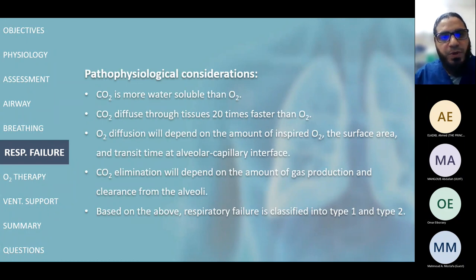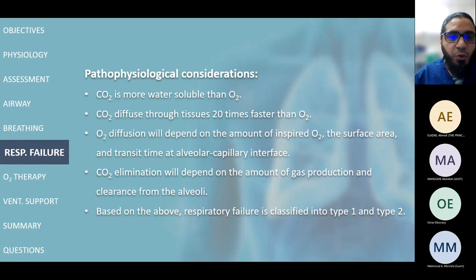These are a few pathophysiological considerations about the gases that we are dealing with at the moment, mainly oxygen and carbon dioxide. If you understand these few points, it can help you easily understand the types of respiratory failure and how you can target your management based on the defect. CO2 is more water soluble than oxygen. What does it mean?